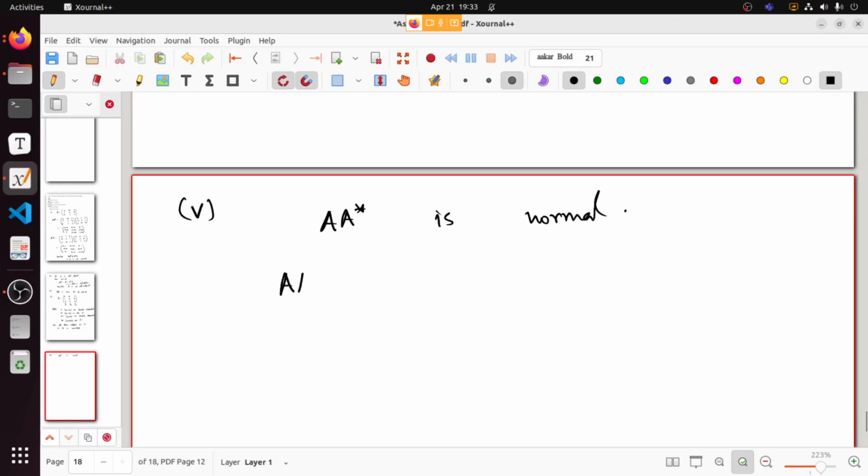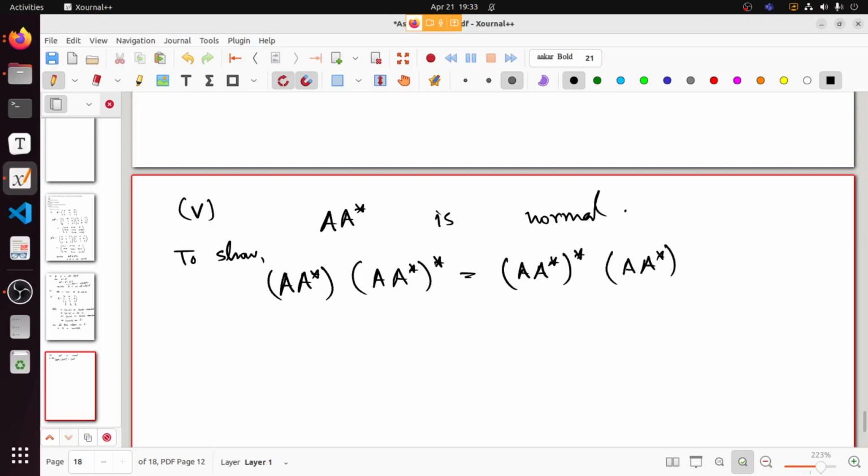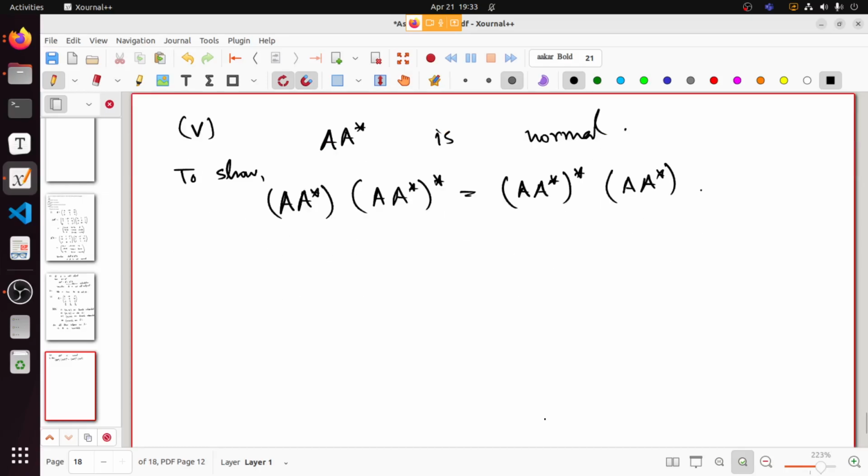So you have to show that A star whole star A star should be the same as A star A star whole star. So you have to check this.